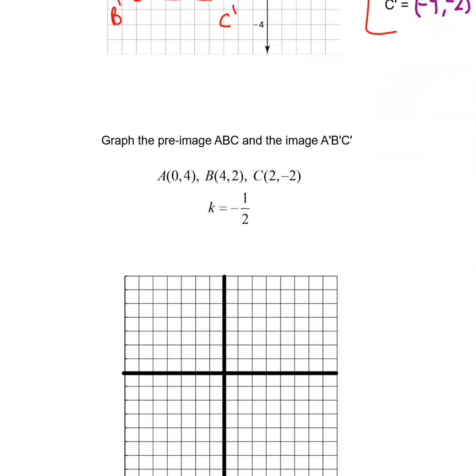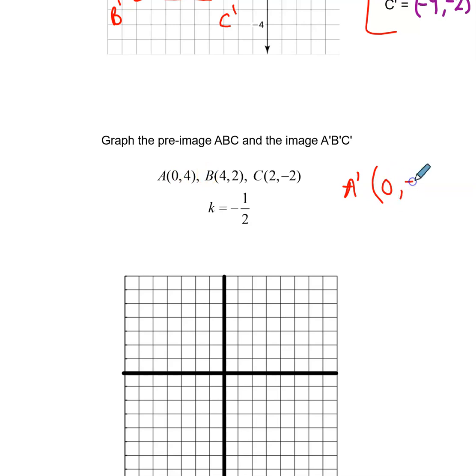Now I wanted to show you on this one, this scale factor is a fraction. So when the scale factor is a fraction, we saw that earlier, it's going to make it a reduction. And the scale factor is also a negative. And that's okay. So we're going to take A, B, and C, and we're going to multiply them all by -1/2. So for A prime, multiply 0 and 4 by -1/2.